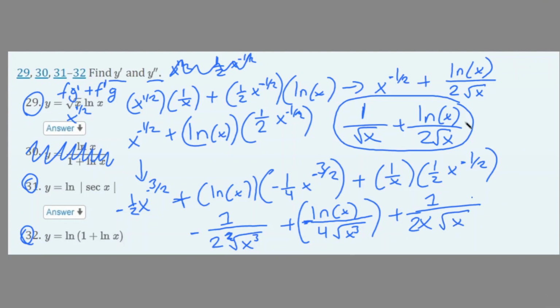And so that would be your final answer for the second derivative of number 29.